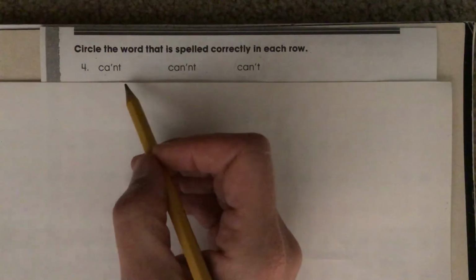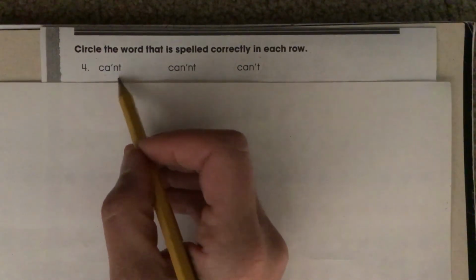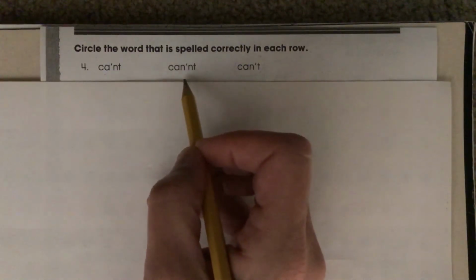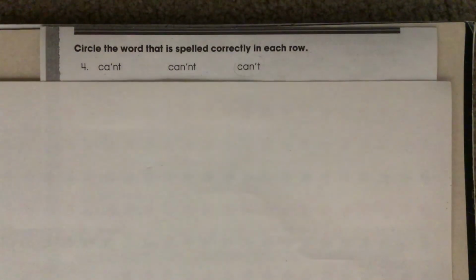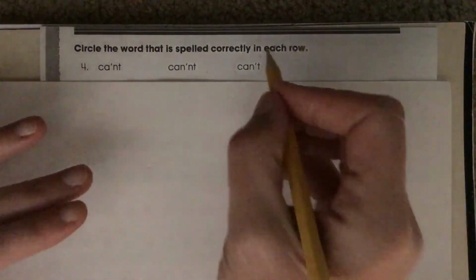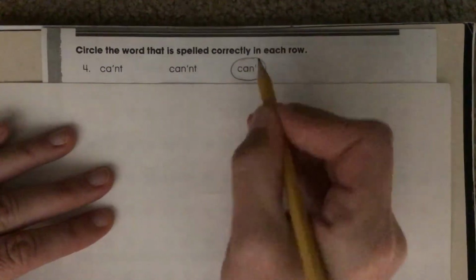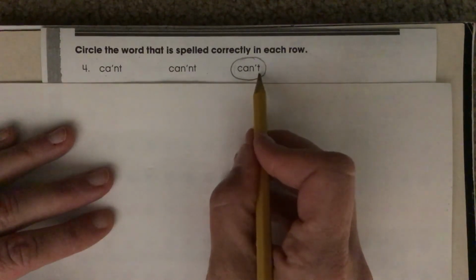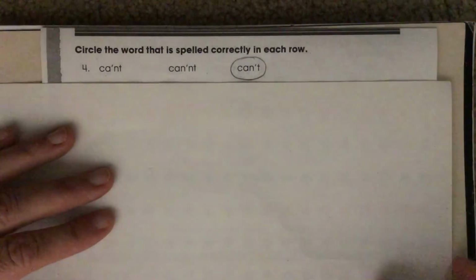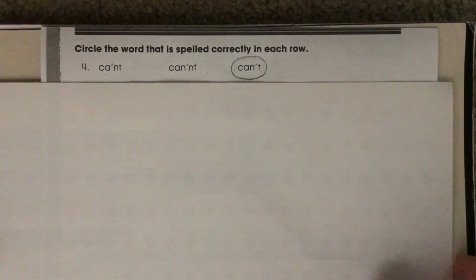We have the word can't. Which one is right for can't? It's this one. Good job. C-A-N apostrophe T. That is the correct way to spell can't.